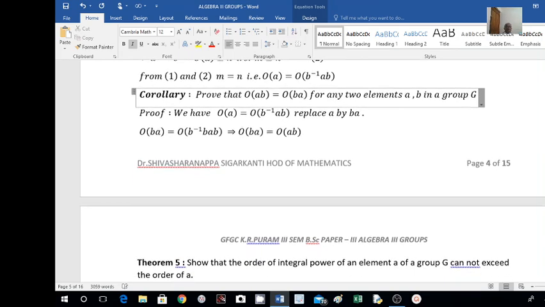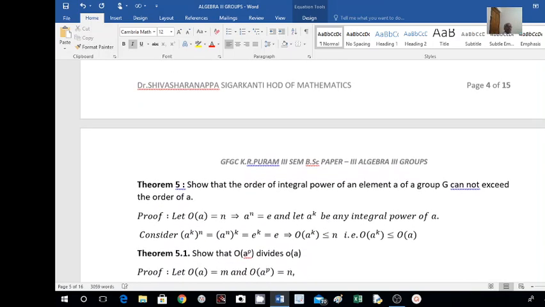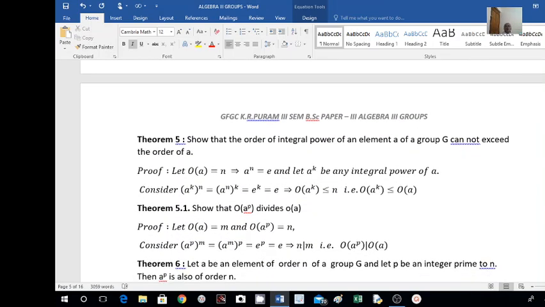Next theorem. Show that the order of an integral power of an element A of a group G cannot exceed the order of A. First we have to understand the question. Given that G is a group, let A be an element of G and A has its order.